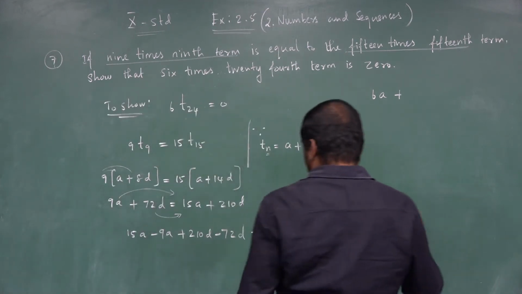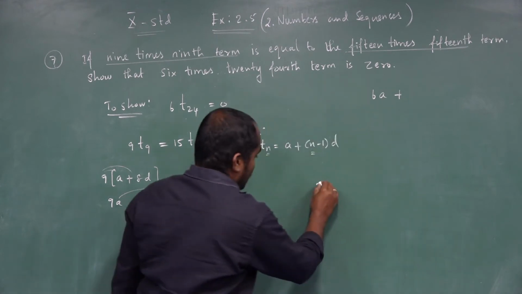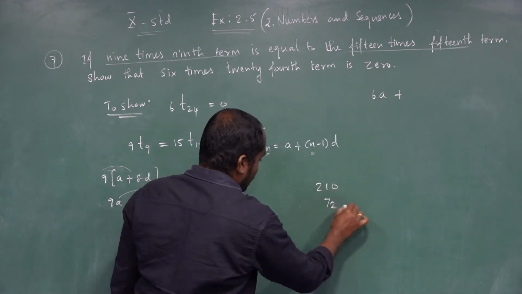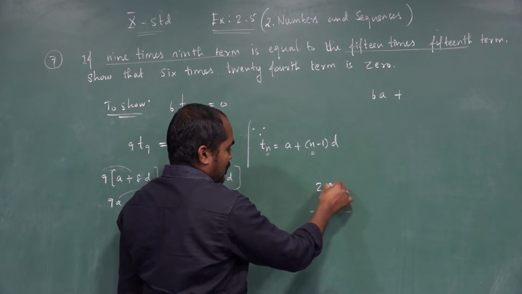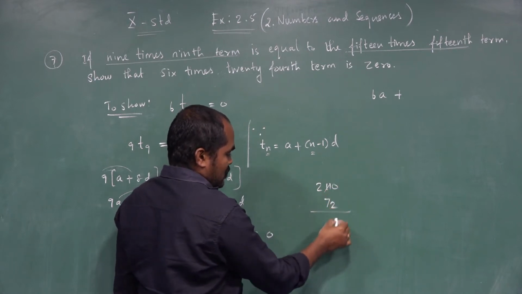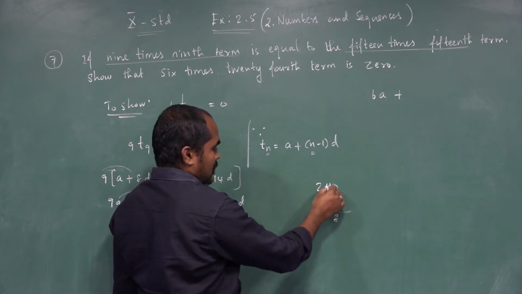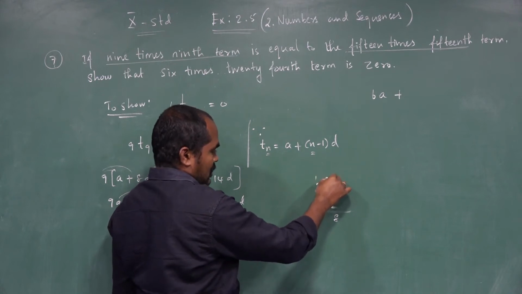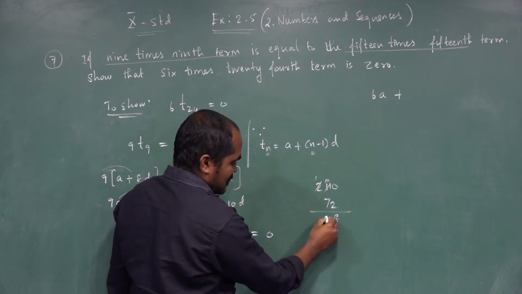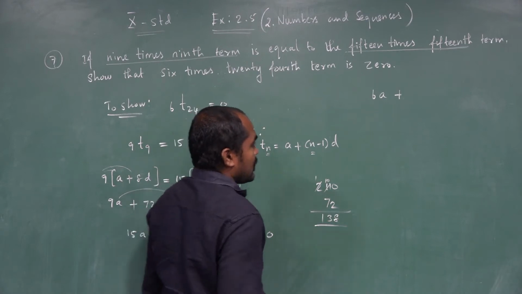Subtract 210 minus 72. Borrow 1, this becomes 10. 10 minus 2 is 8. Here 0, borrow 1 means 10, 10 minus 7 is 3, and 1. So 138.